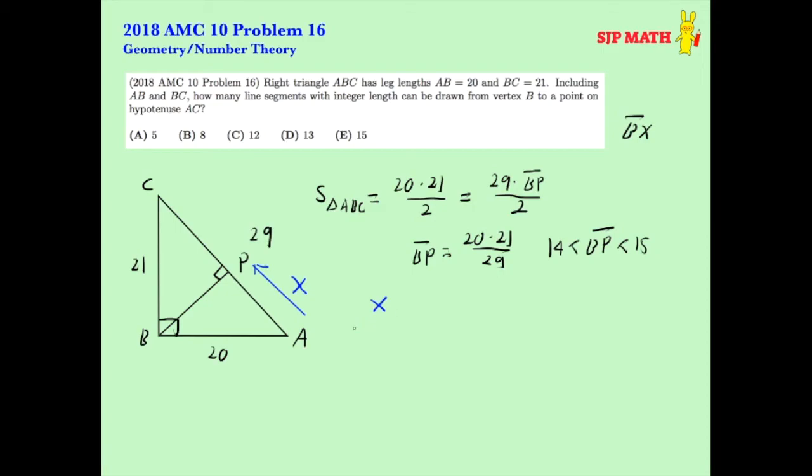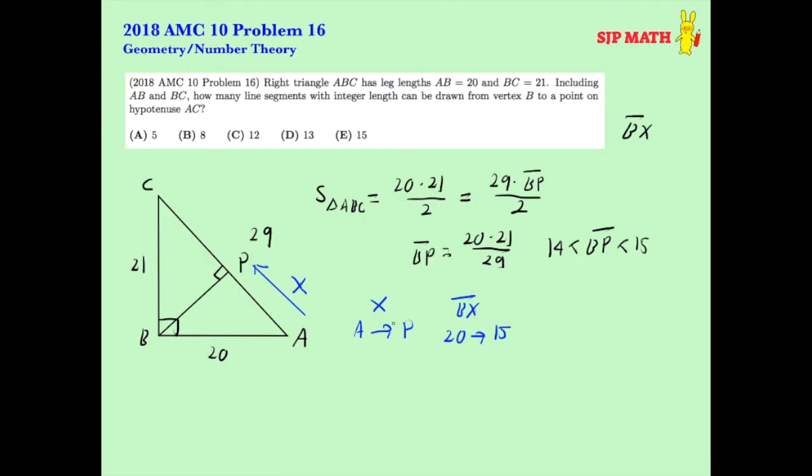As X moves from A to P, we can clearly see that the length of BX is going to decrease from 20 to 15. I'll say that again.